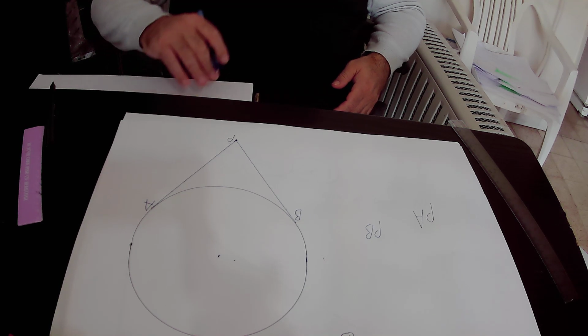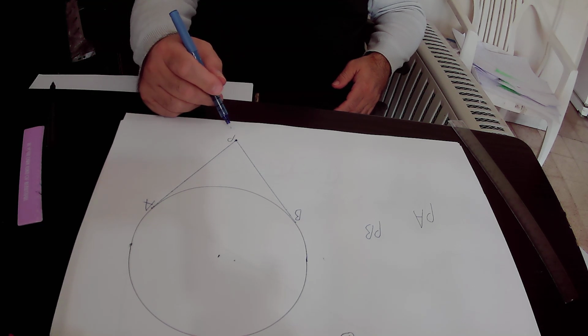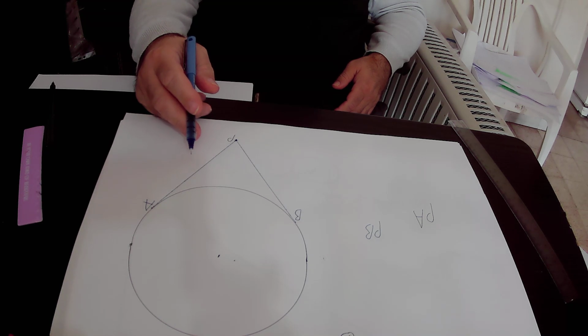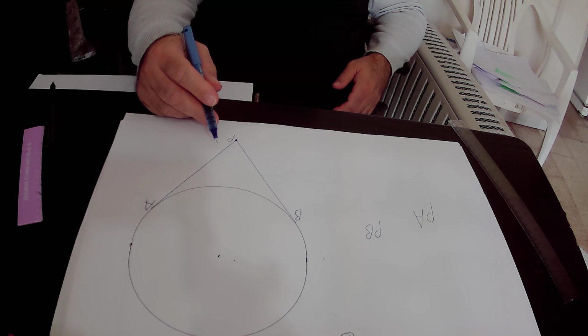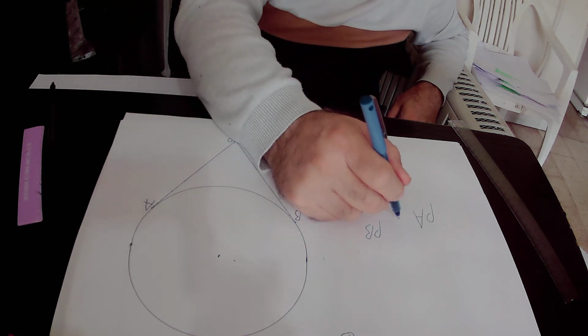So if you draw two tangents from the external point P to this circle, then the lengths of those two tangents are equal, that is to say PA equals PB.